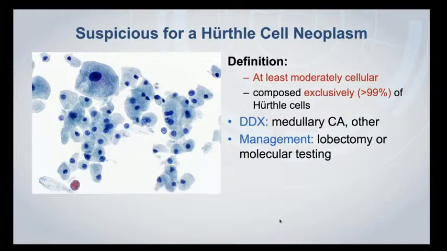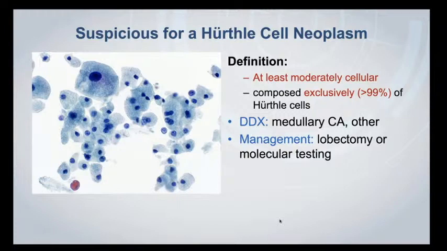A combination of Hürthle cells and macrofollicles is just a benign follicular nodule. The Hürthle cells can sometimes be as much as 50, 60, 70% of the specimen, but so long as a substantial proportion of the sample is macrofollicular, that's a benign nodule. It's really a Hürthle cell neoplasm when the entire specimen is essentially all Hürthle cells.